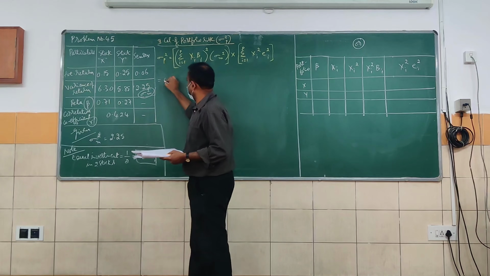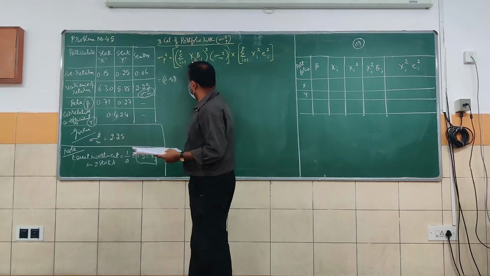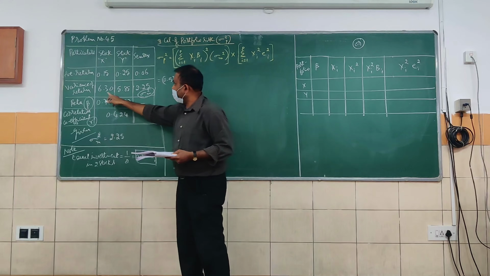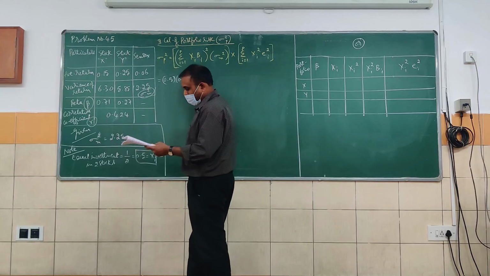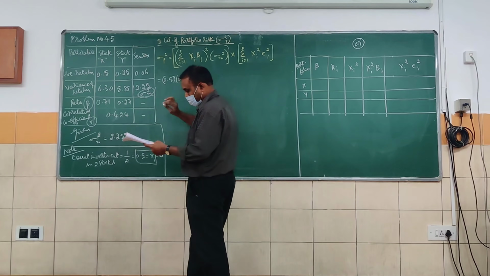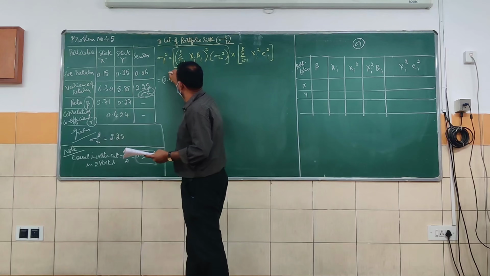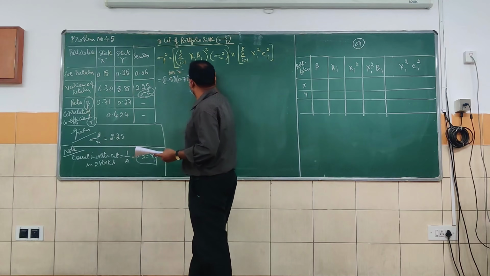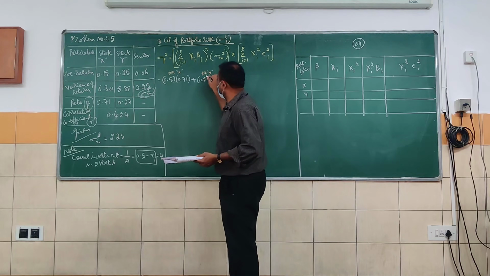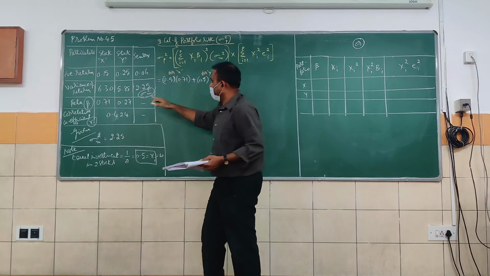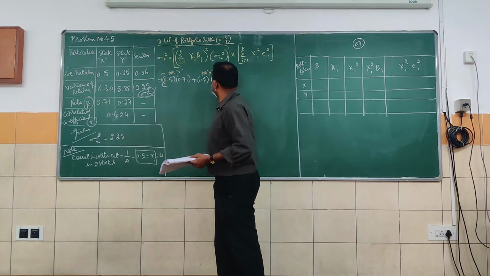Xi is 0.5 multiplied by Bi of X. Bi of X is 0.71, plus this is for X. Next one for Y. Again 0.5 into 0.27. This is whole square.